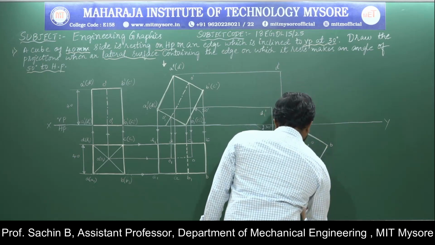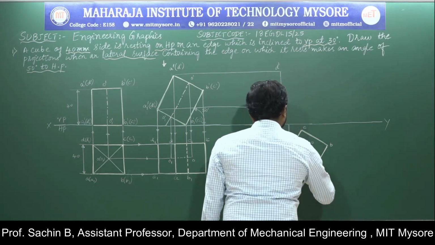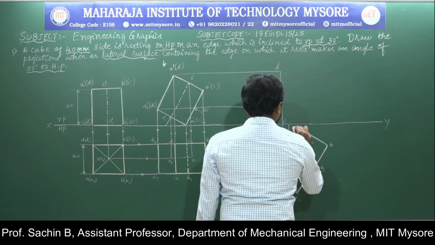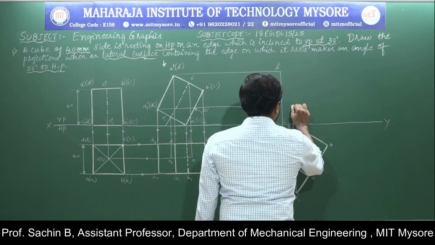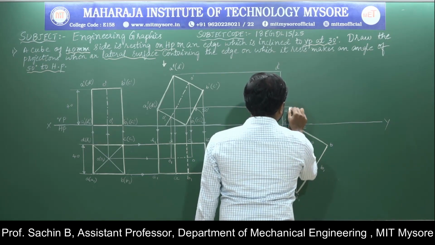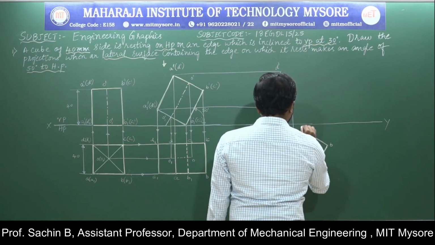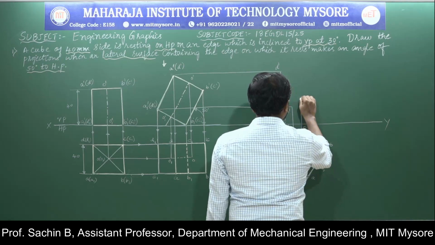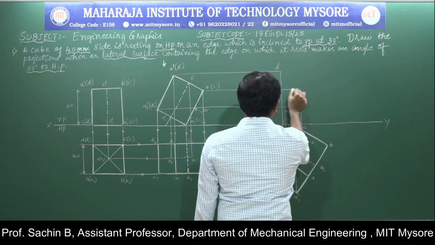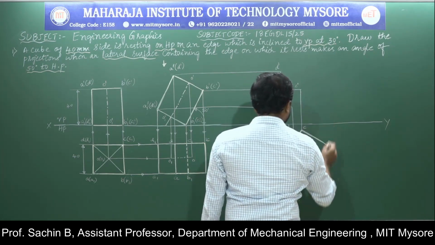Next I will go for A1 dash. I will extend this A1 dash till here. I am extending this projection line. This is A1 dash. Next I will come to C point. I will extend this C point. This is C dash.